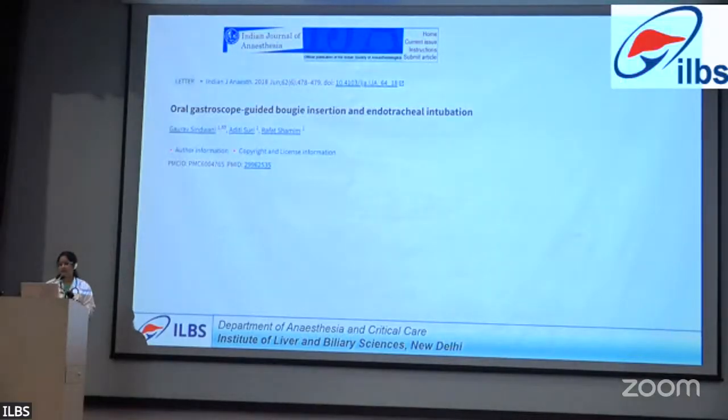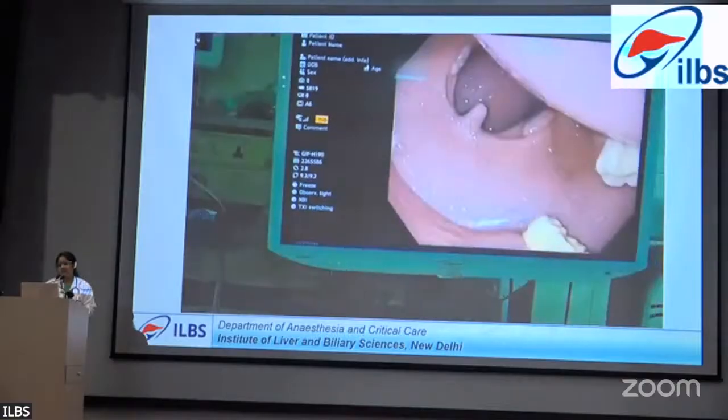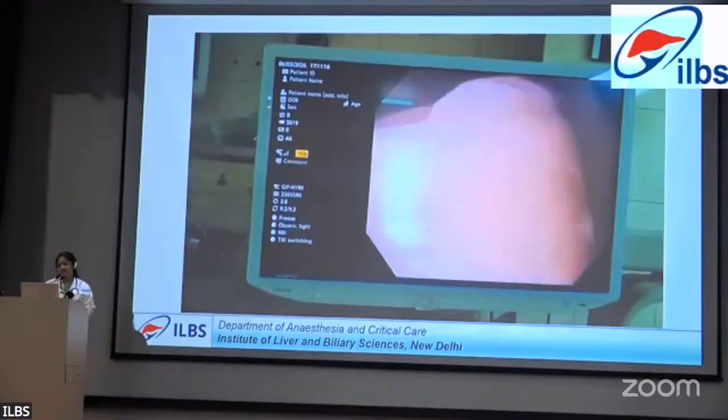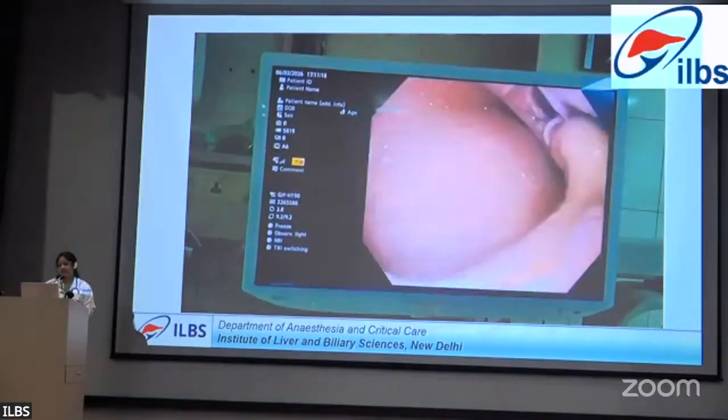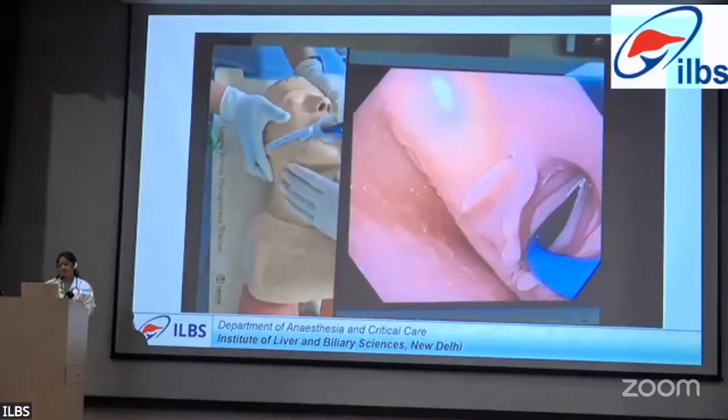Another technique we used, that we did bougie guided intubation in these patients with the oral gastroscope, that when the scope is introduced in the patients with a reduced mouth opening and there is a need of intubation, the gastroscope is placed near the vocal cords.